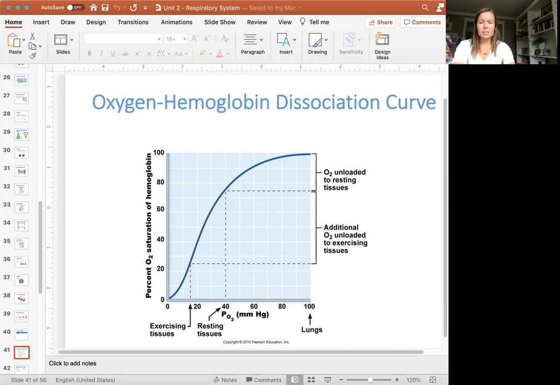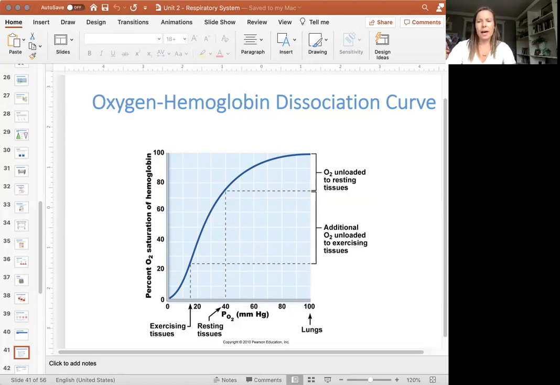I'll list these factors for you, and then I'll explain them a little bit more. The factors are the partial pressure of oxygen, basically just the amount of oxygen that's present, temperature, the pH of blood, the partial pressure of carbon dioxide, and also the amount of BPG, biphosphoglycerate, a molecule that's a byproduct of metabolism.